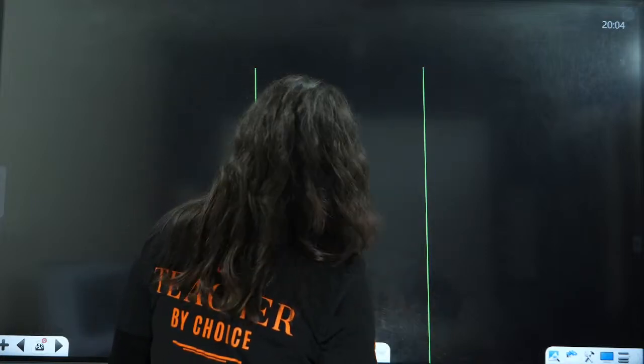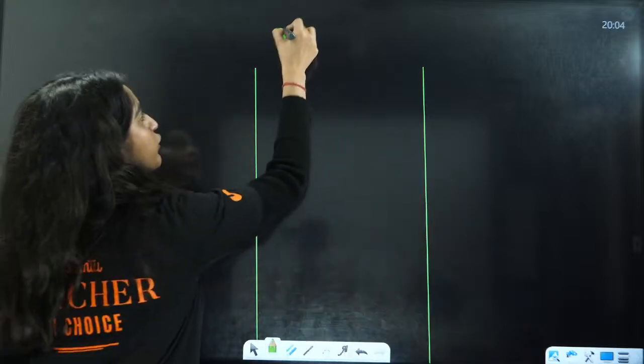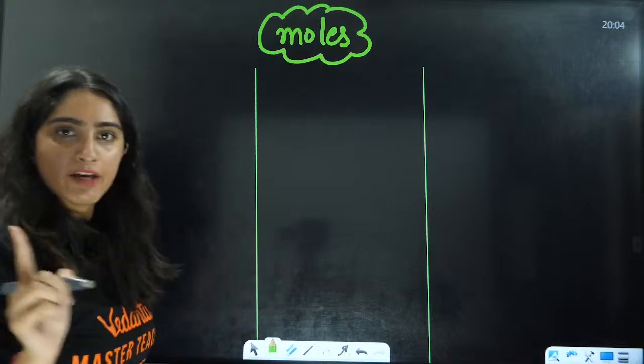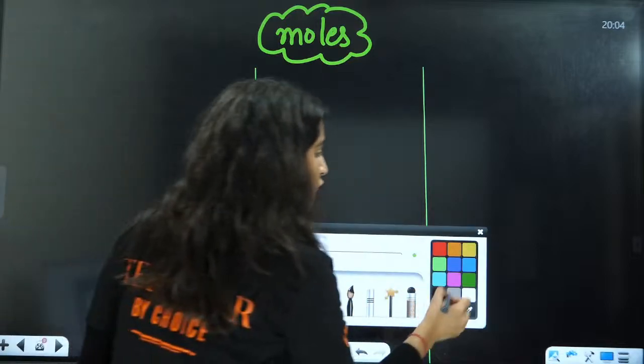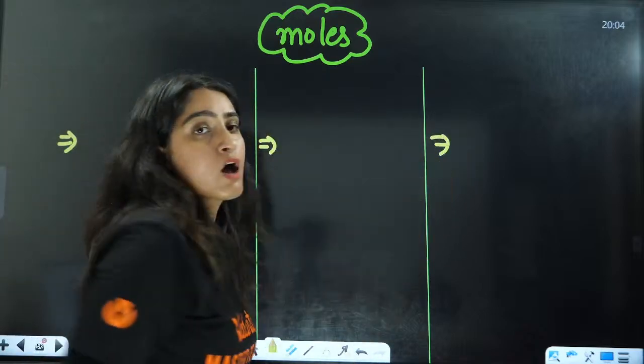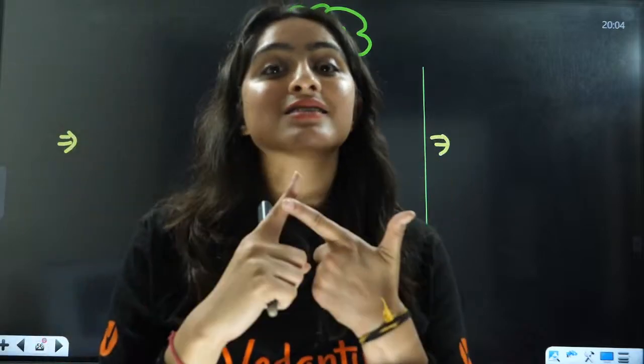So now, see. If we talk about moles, moles is represented in 3 formulas, okay? One is in mass, other is in particles, third is in volume, right?